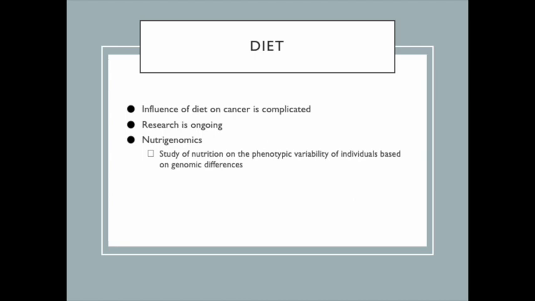And if you're interested in this, nutrigenomics is an area of specificity that studies nutrition and the phenotype variability of individuals based on our own genomic differences. It's very exciting and cutting edge information. Though it seems like it should be very basic, right? Food should be medicine.